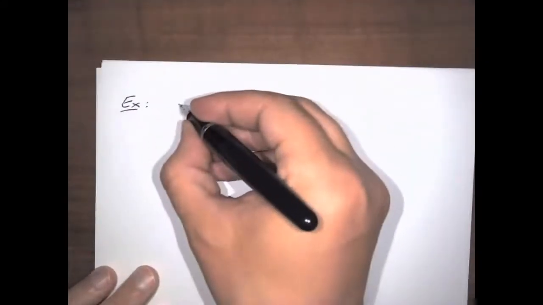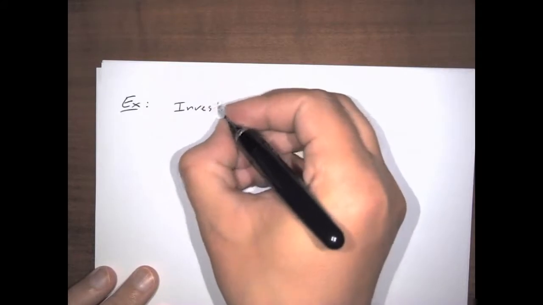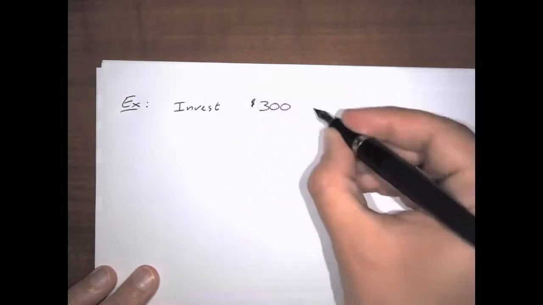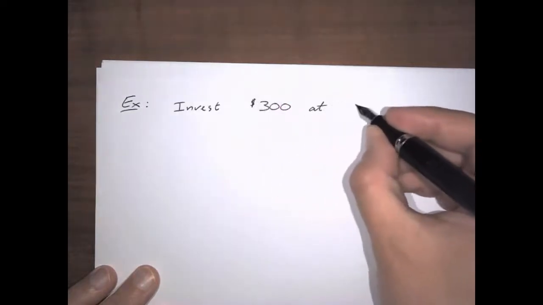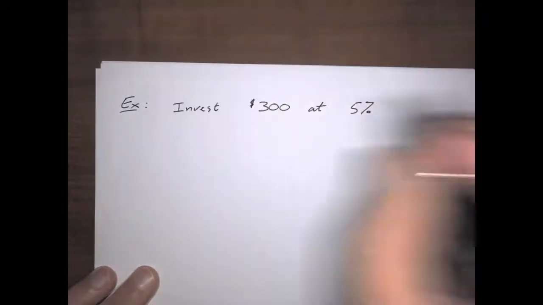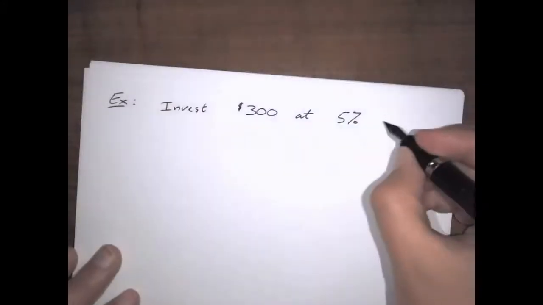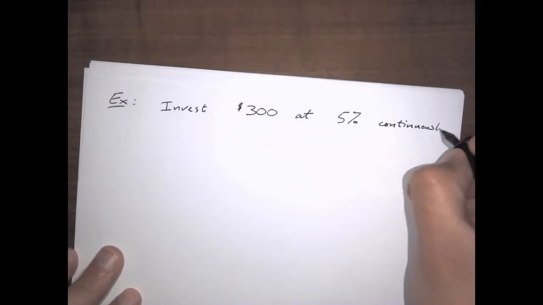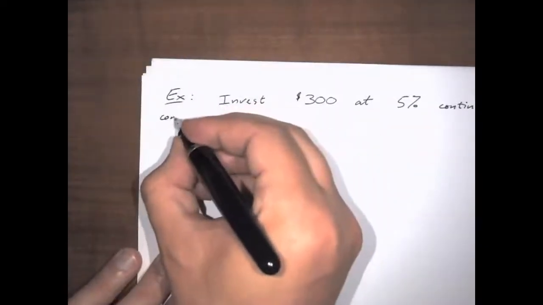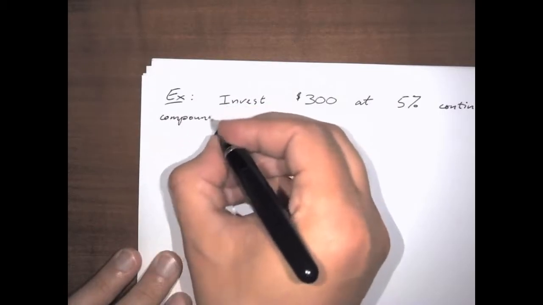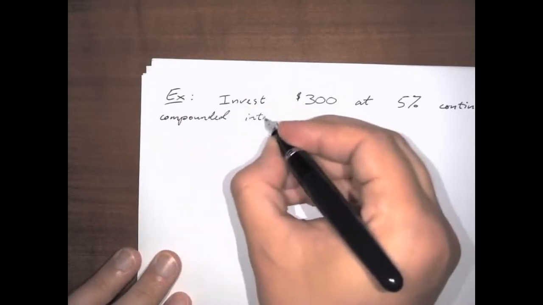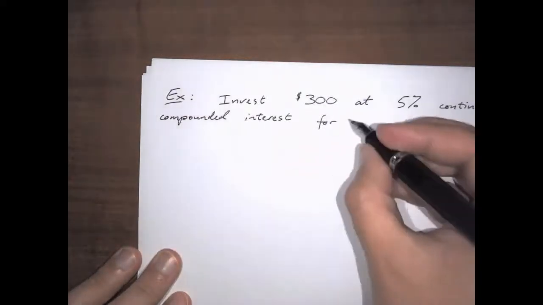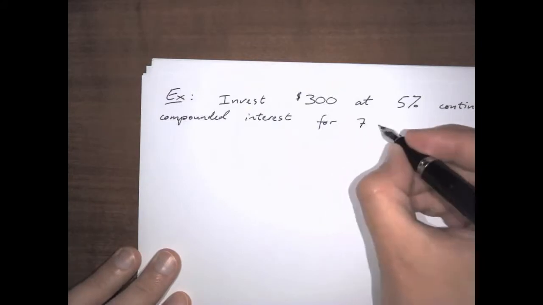So let's say we invest $300 at 5% continuously compounded interest for, let's say, 7 years.